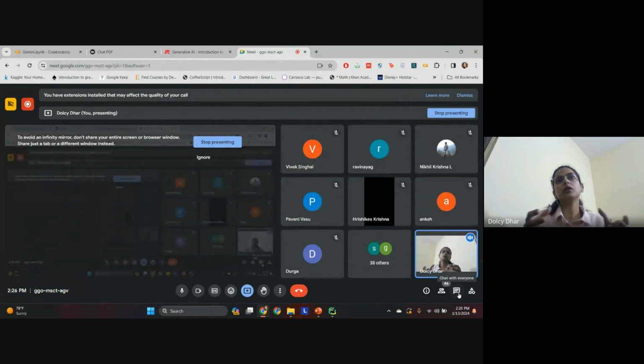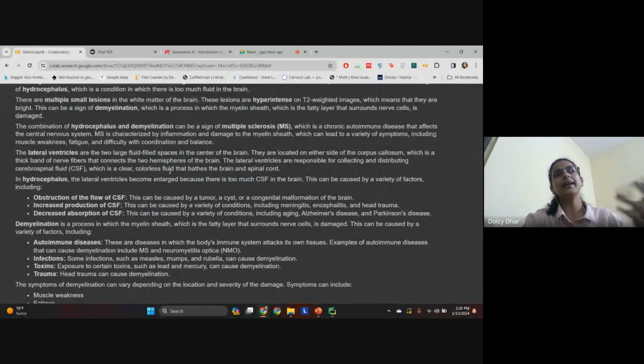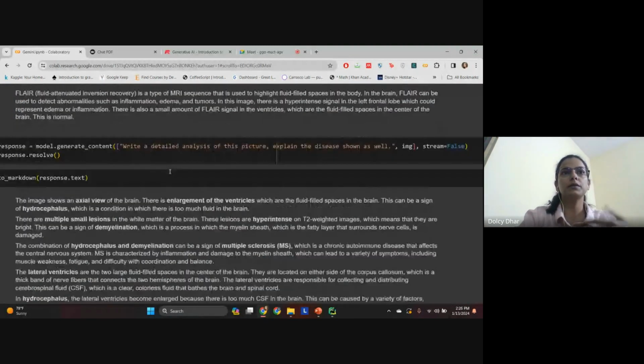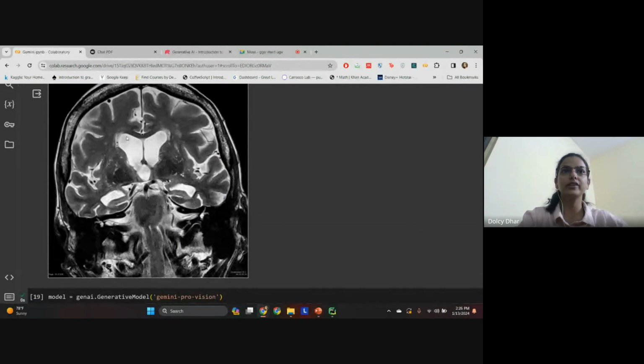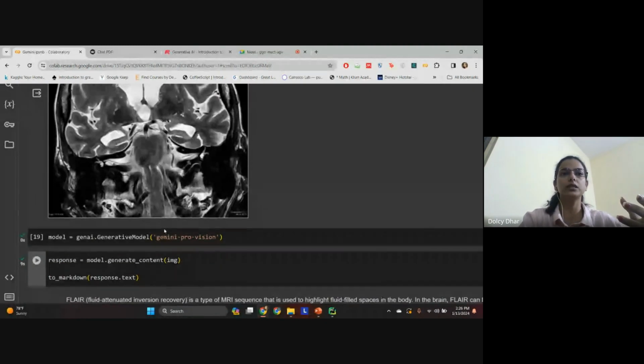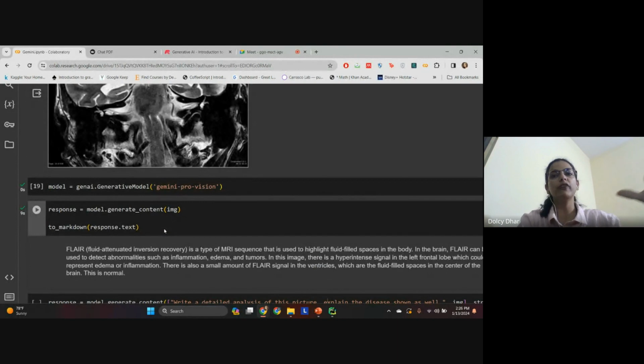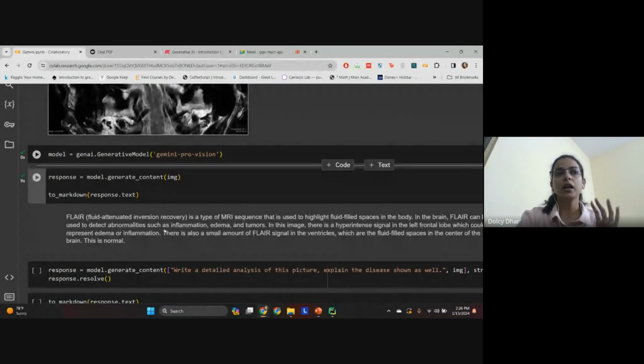But suppose a college-going student wants to understand a disease and just has a screenshot of it. You know how students are usually curious. He can get some amount of idea using this functionality.